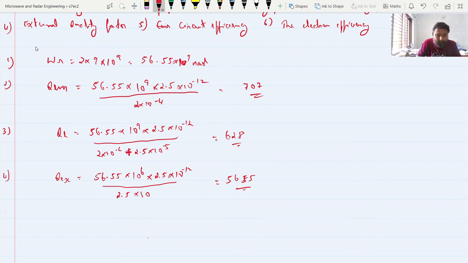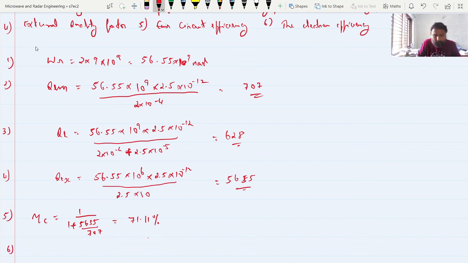The next one is the circuit efficiency, eta C, 1 by 1 plus 5655 divided by 707, which is nothing but 71.11%.